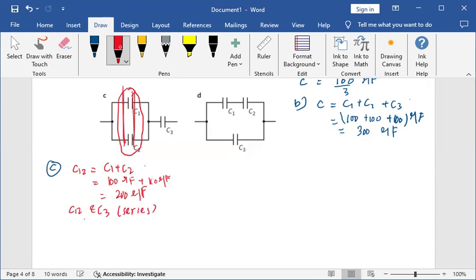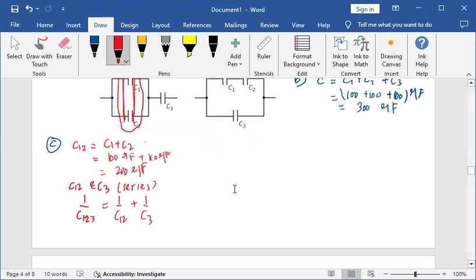C12 and C3 are in series. So the capacitance for C123: 1 over C123 equals 1 over C12 plus 1 over C3, which is 1 over 200 plus 1 over 100 microfarad.